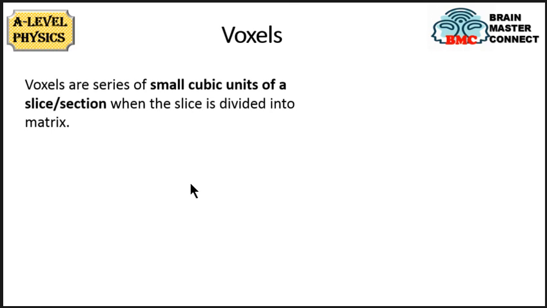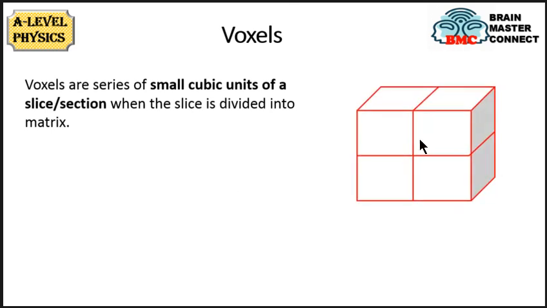A brief description of a Voxel, using a diagram, is what we have here. You can see the diagram. This explains everything. You will notice that the section that I showed you has now been divided. So I have 1, then I have 2, but that yields me what? 4 matrices.